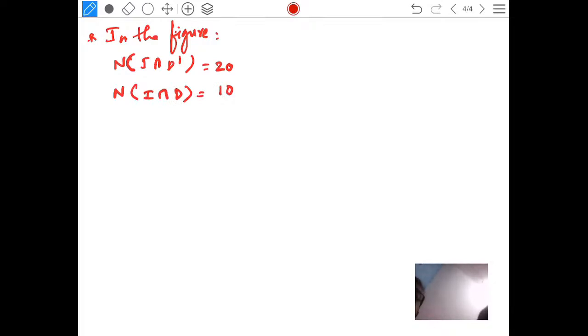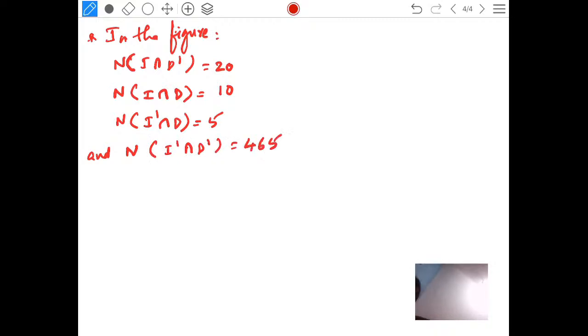The next one, n of I complement intersection D equals 5, and n of I complement intersection D complement is equal to 465. So these are the numbers shown in the Venn diagram.